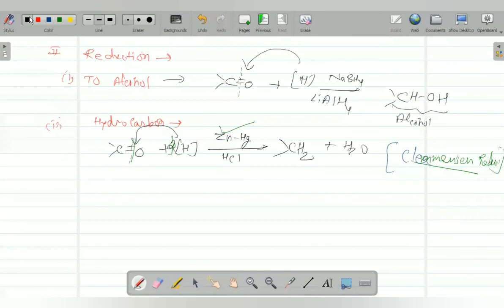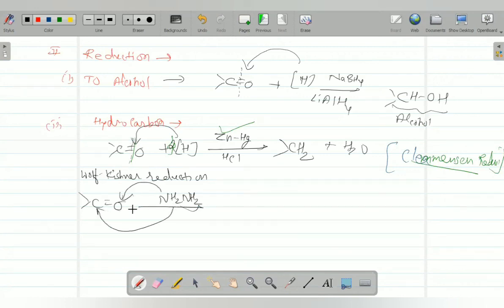Then one more example, Wolff-Kishner reduction. In Wolff-Kishner, what happens? The same C double bond O is reduced, but it is reduced by hydrazine. Just now we did hydrazine, NH2 and NH2. Z is again NH2. So H from here, the rest from here.